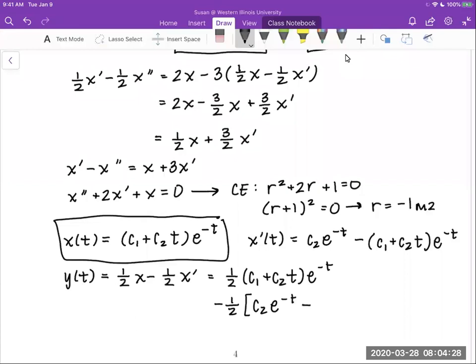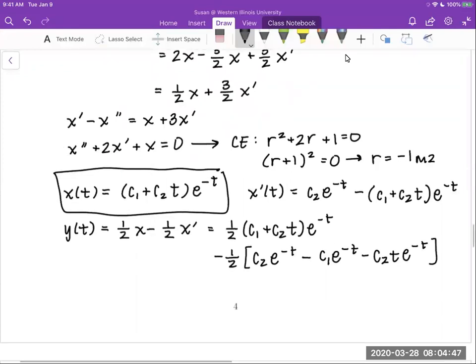And I'm going to go ahead and just distribute this, so I have a C1 e to the negative t minus C2 t e to the negative t. And let's just see if we're going to get anything to cancel here. We'll write it all out.